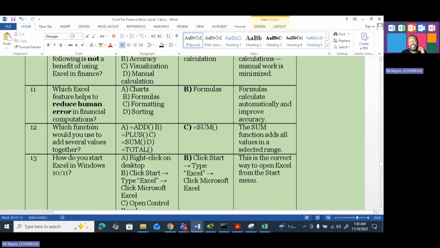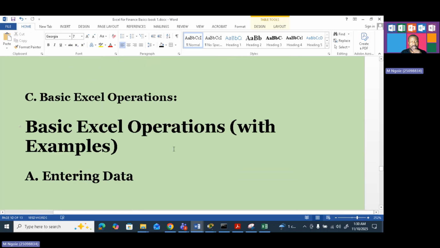Number 11, which Excel feature helps to reduce human error in financial computations? Formulas. Number 12, which function would you use to add several values together? It's SUM, but we're going to talk about it. Don't worry. So I'm going to stop here, guys. And next time, we're going to continue to basic Excel operations, right?